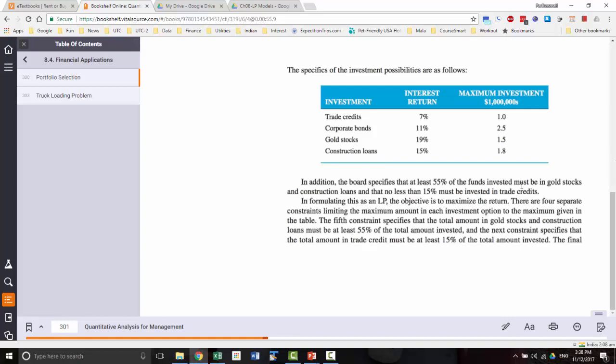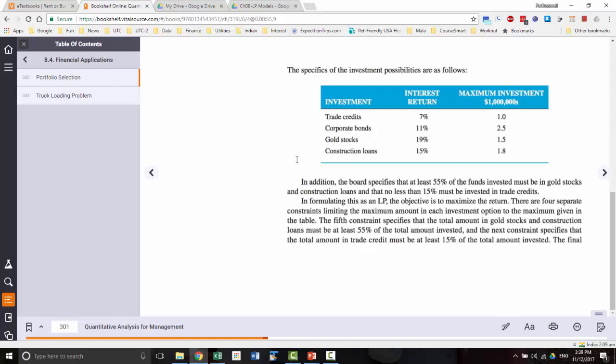So we have to take the percentage and figure out what it translates into as a quantity, in this case dollars. So 55% translates into how many dollars, and then we have to make sure we meet that dollar requirement. The second proportionality requirement is that at least 15% must be invested in trade credits.